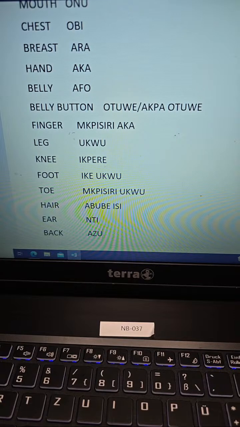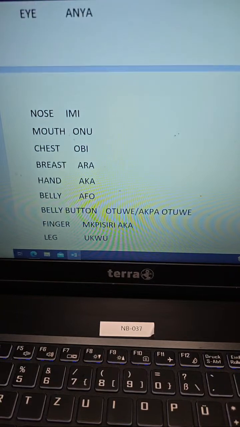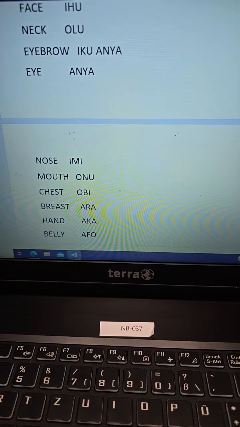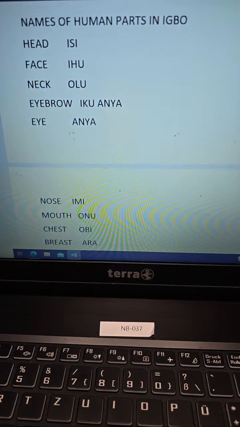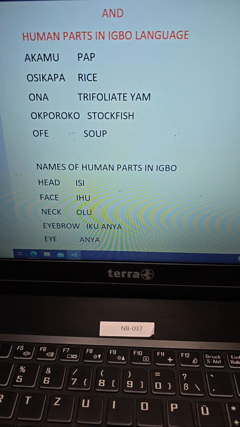So that is all for today. So we are going to recap what we've learned so far, starting from the names of food, which we finished up today, and then we'll move into the names of man parts in Igbo.